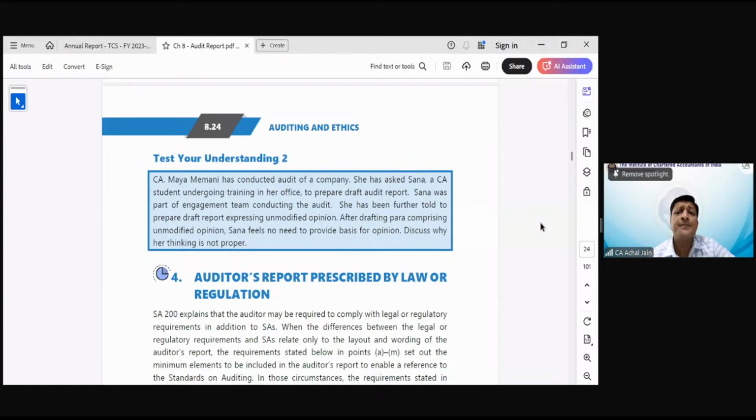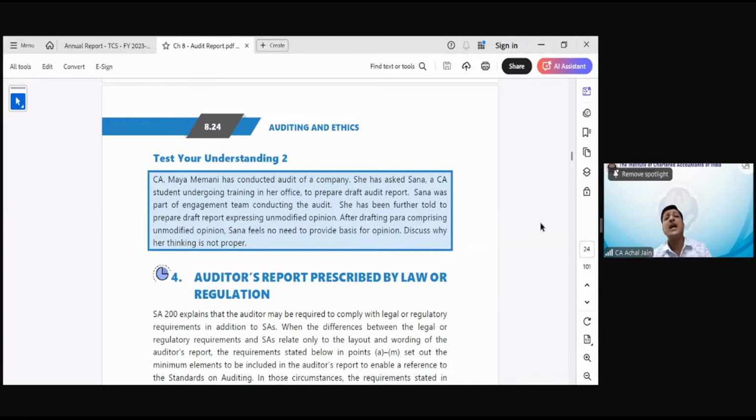Sana has been asked to prepare the draft audit report. Very good. Sana was part of the engagement team conducting the audit, because the audit is now completed. Because Sana was part of this audit, she will have clarity as to what are the things which are applicable, what are the things which are not applicable, information about the company, scope of audit, all of these things Sana will be knowing about.